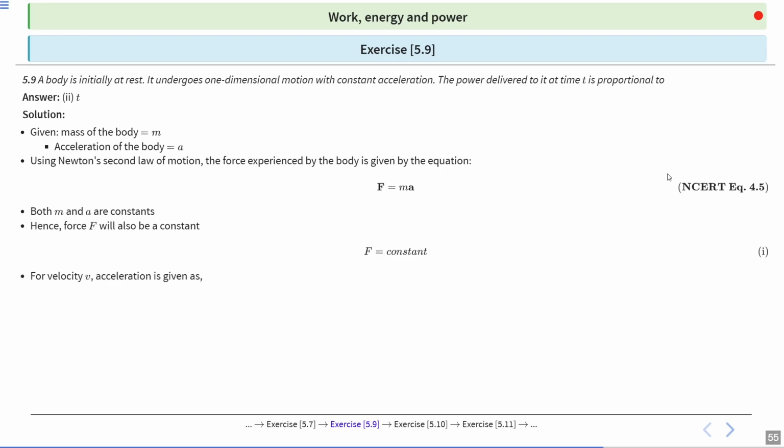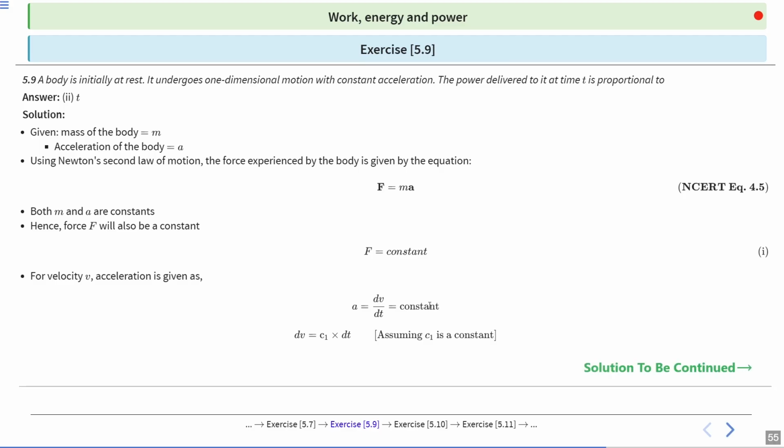Now if we talk about the velocity, acceleration is given as a is equal to dv upon dt, rate of change of velocity. Here acceleration is constant. To solve this question in a very easy way, we assume a constant term c1, because a is the acceleration. So dv is equal to c1 into dt.